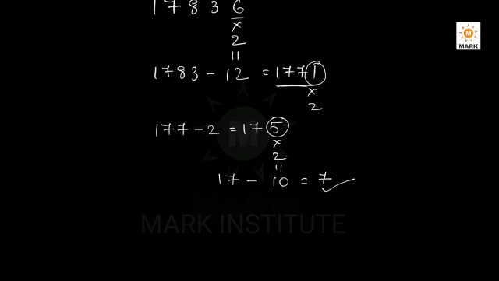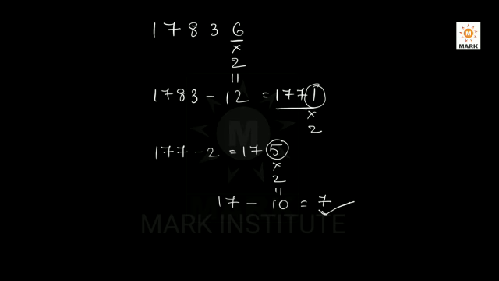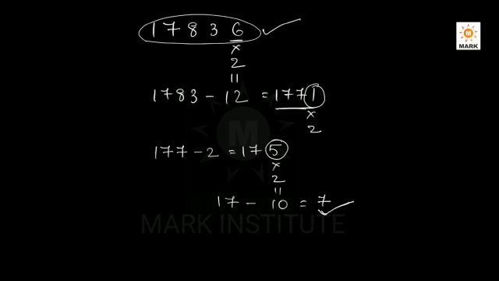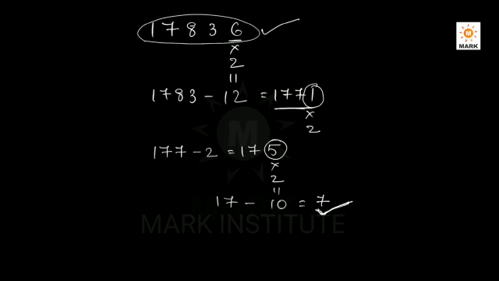See friends, finally we got 7 as the answer. That means 17,836 is exactly divisible by 7, because after doing this subtraction repeatedly, at a certain place we got a multiple of 7. We got 7 itself.